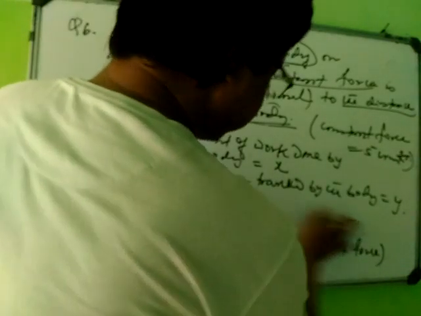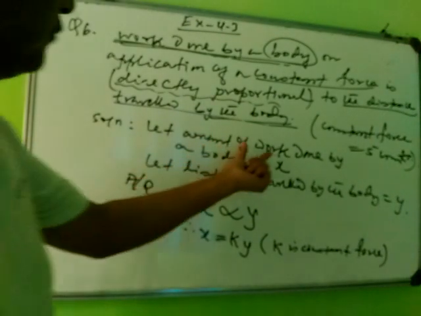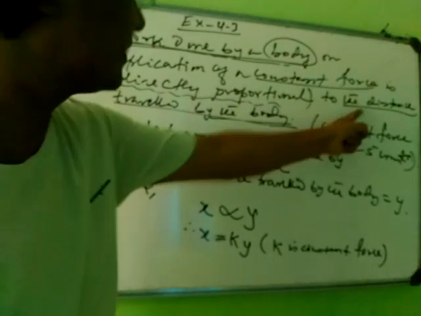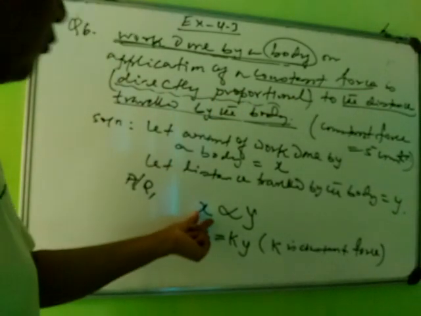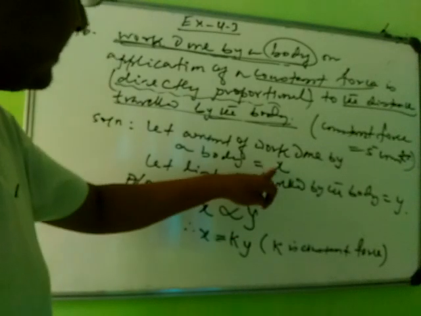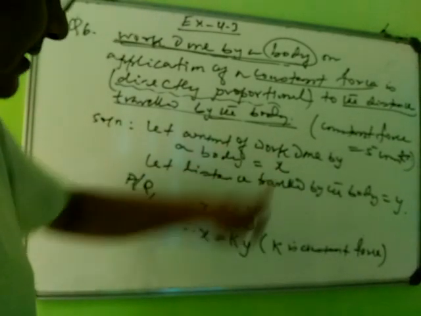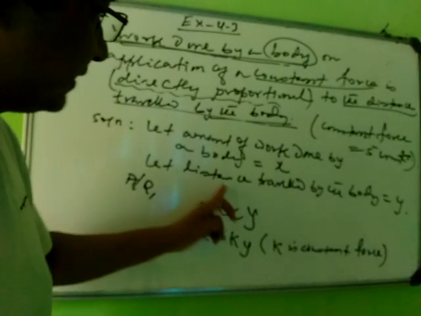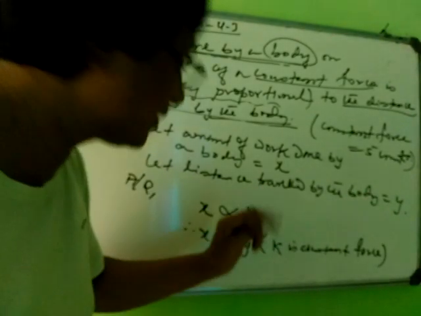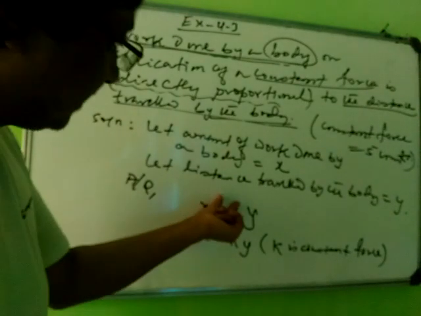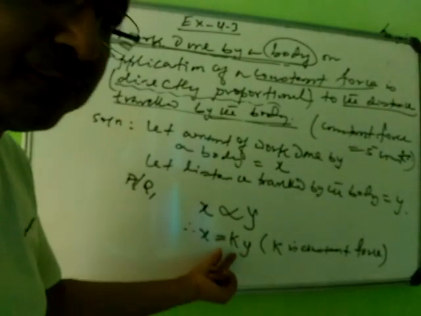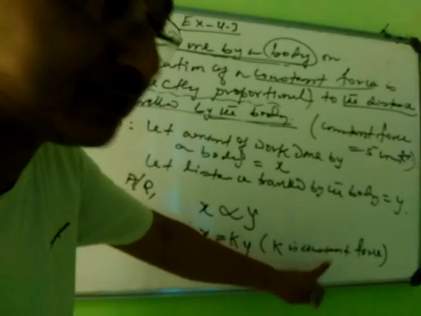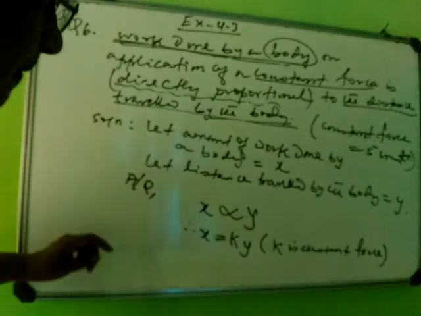In the same way, the amount of work done x is directly proportional to the distance traveled y, so you get the next equation where you take one constant k. This concept you got in class 8.